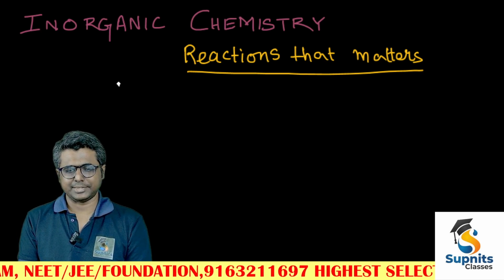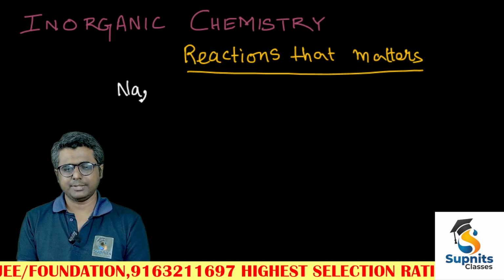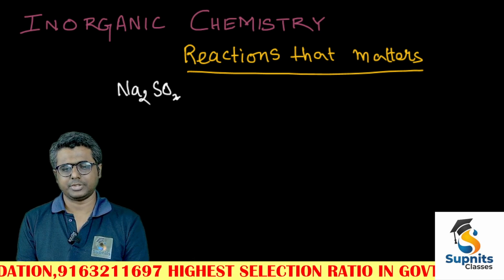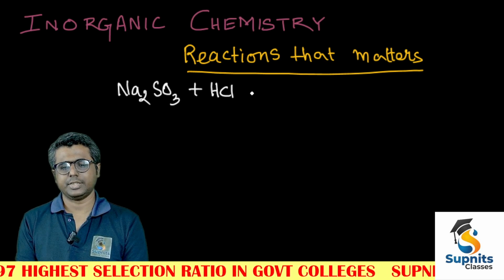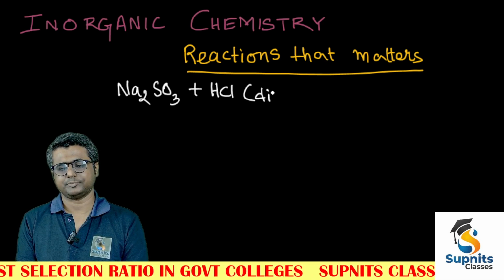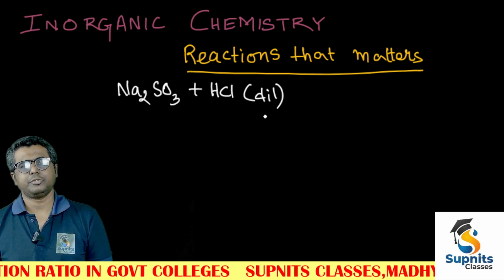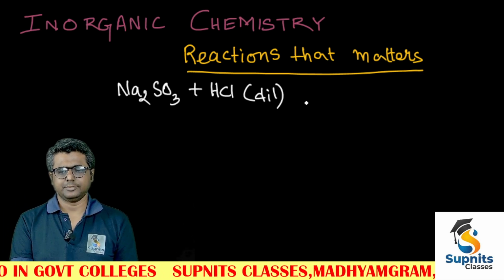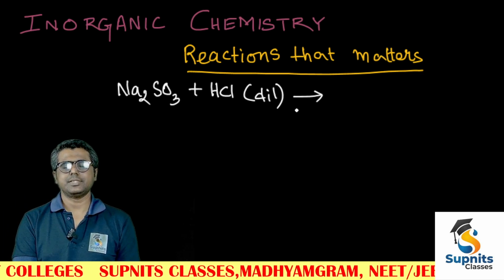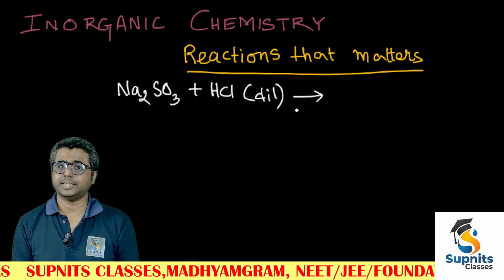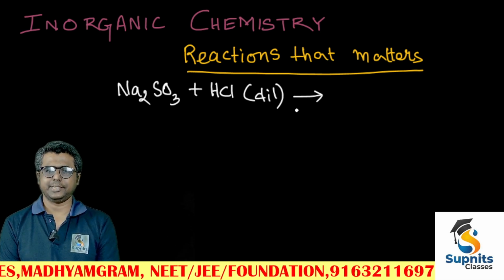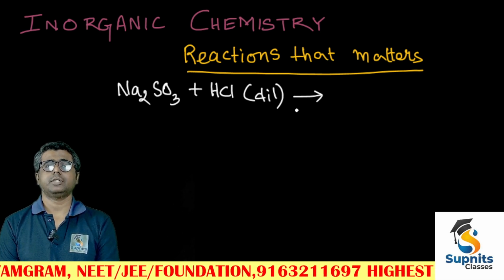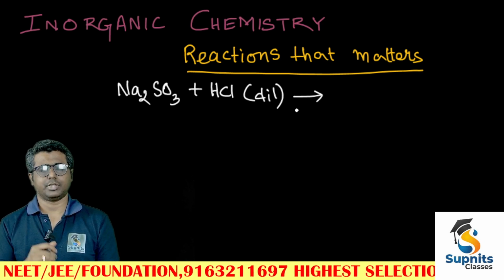Na2SO3 plus HCl. Wow, a very simple reaction, Na2SO3 plus HCl. So, HCl means over here we are taking dilute HCl. If we take dilute HCl, that means HCl will show simple acidic nature, and whenever a sulphite is reacted with acid, then it gives salt, sulfur dioxide and water.